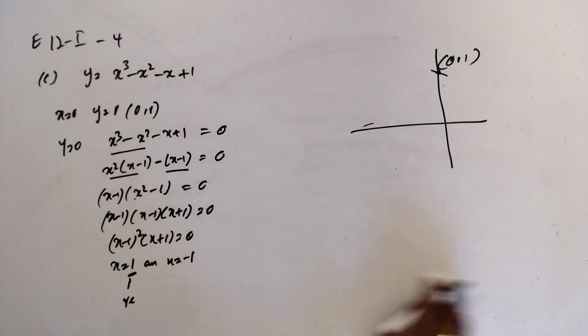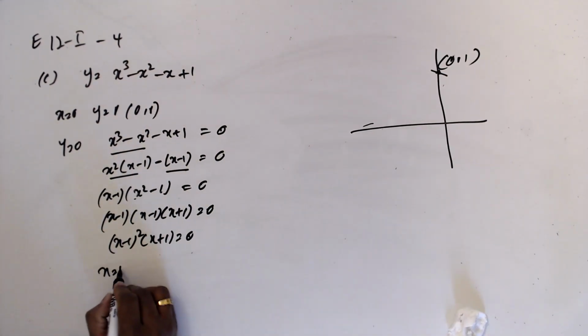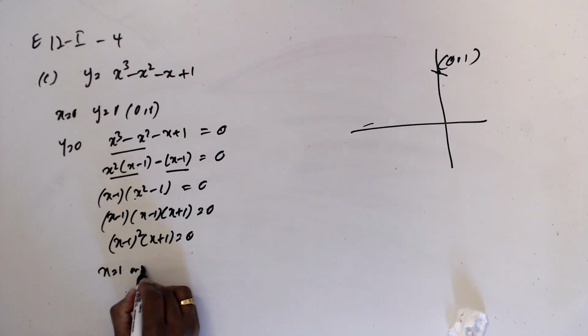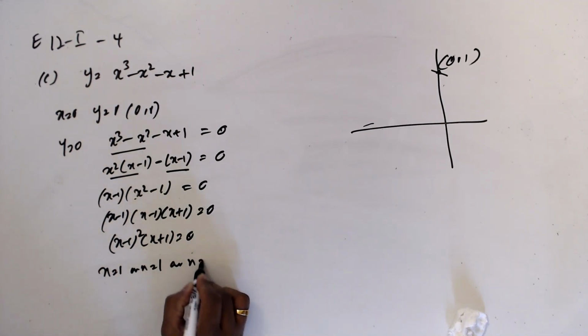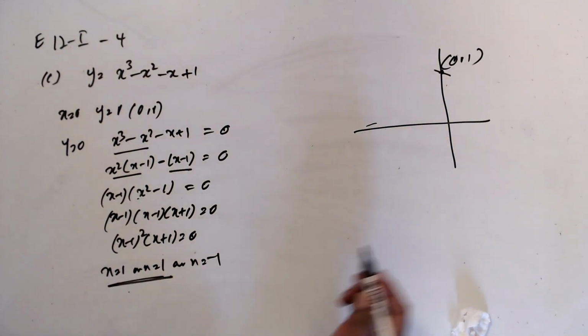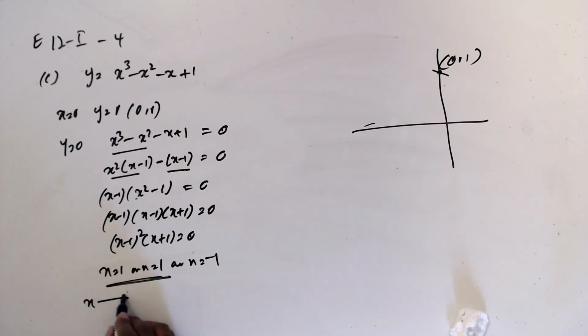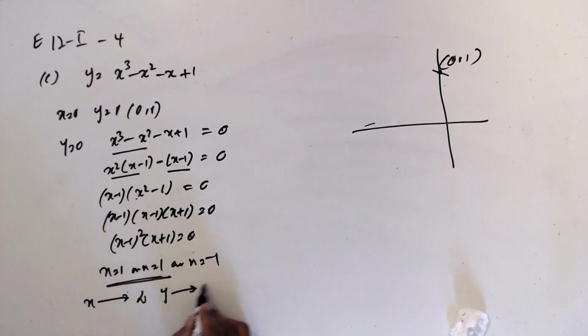We can write it like this as well: x equals 1 or x equals 1 or x equals minus 1. So this is repeated. We know that for this kind of graph, when x goes to positive infinity, y goes to positive, and when x goes to negative infinity, y goes to negative.